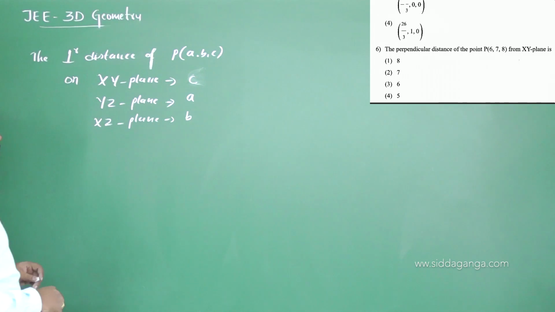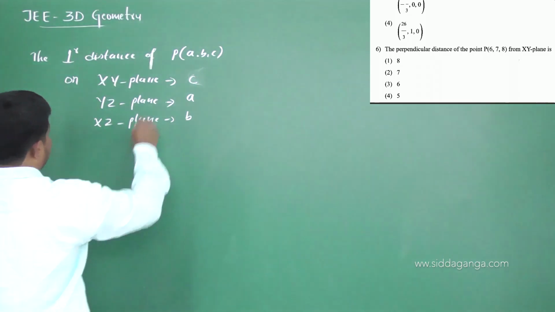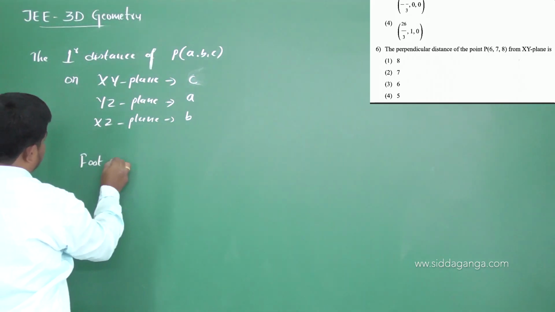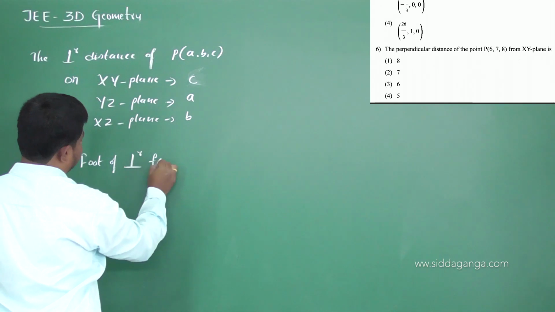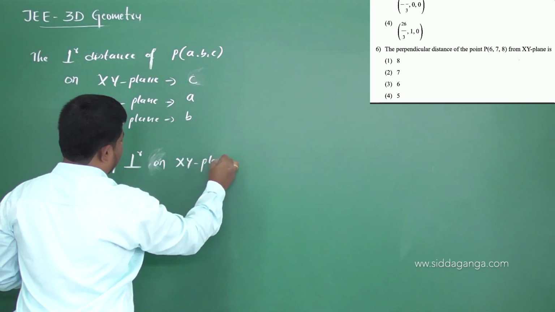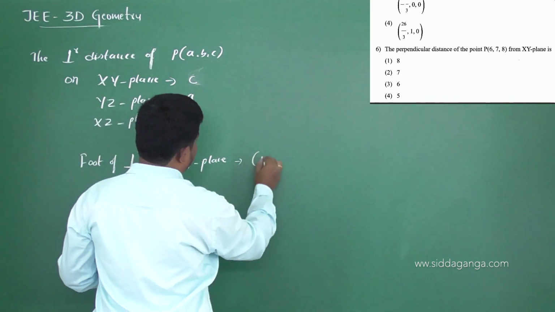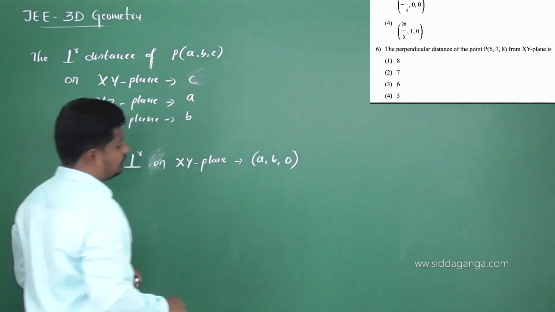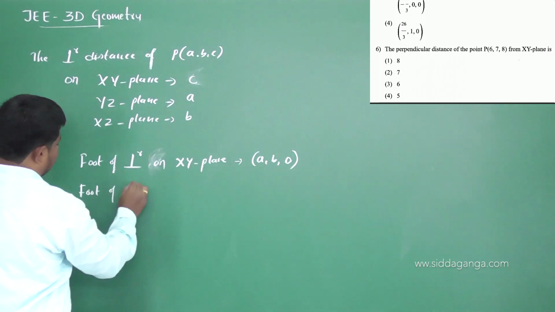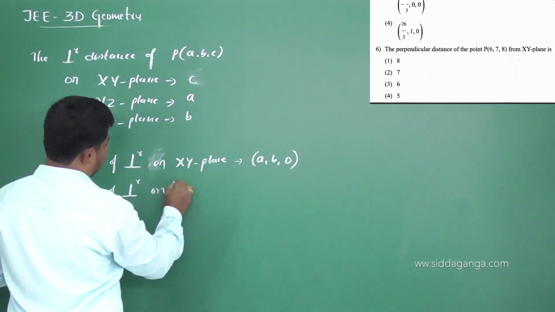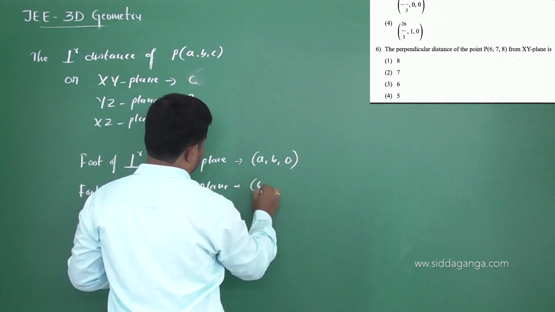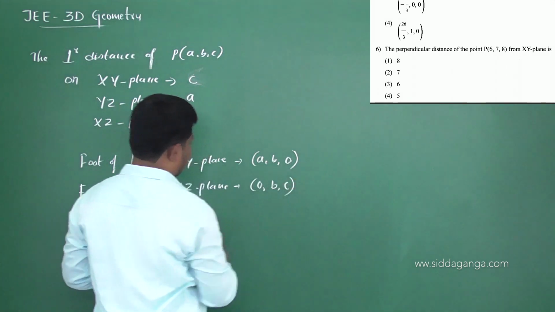And hence, the foot of the perpendicular from the point (a, b, c) on the xy plane is what? It is (a, b, 0). In the same way, the foot of the perpendicular on the yz plane is (0, b, c).